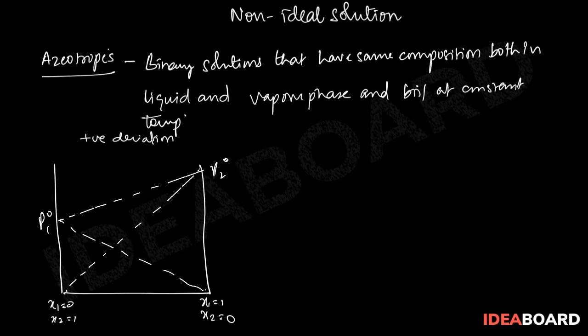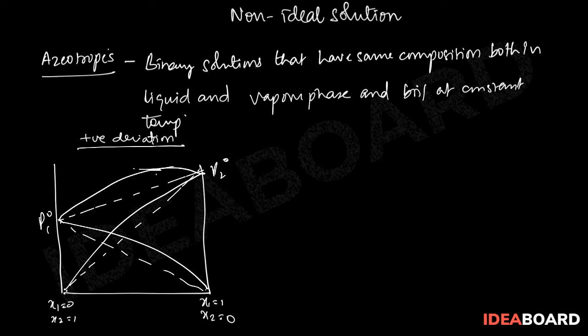Now this solution is not ideal, it is showing a positive deviation, so it will have pressure higher than the partial pressure predicted from Raoult's law. In this way the solution showing a positive deviation at a suitable concentration, say somewhere here, will form an azeotropic solution.